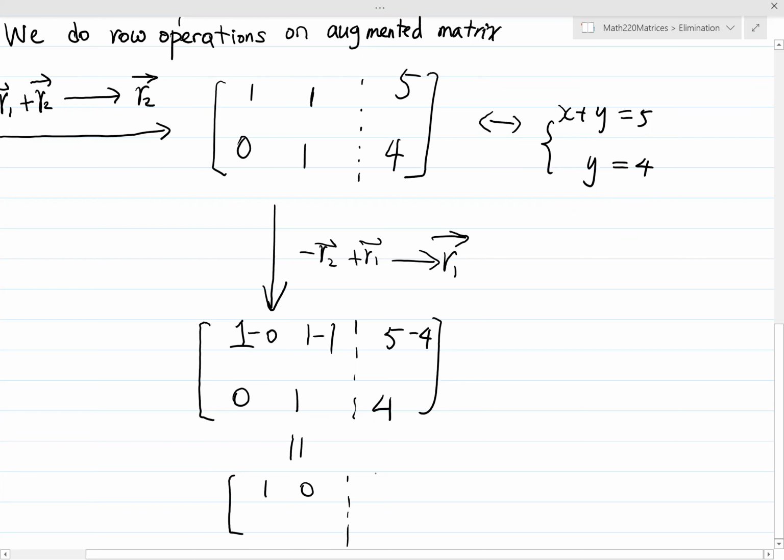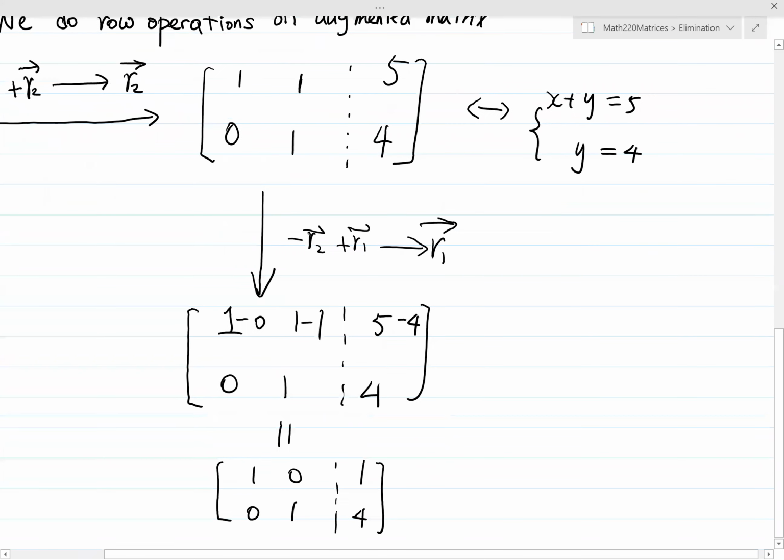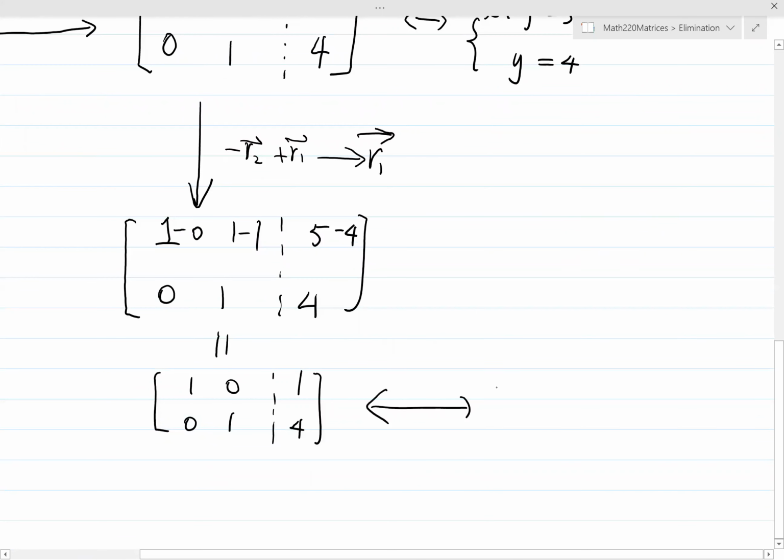So we have 1, 0, 1, 0, 1, 4. This corresponds to x is 1, and this corresponds to y. There's no x anymore, we only have multiples of y.